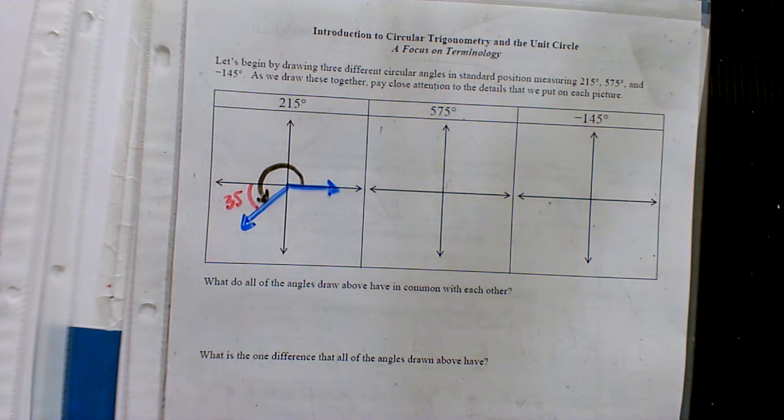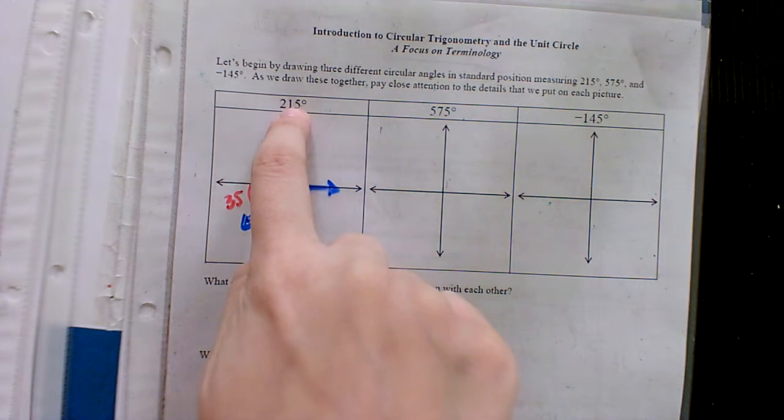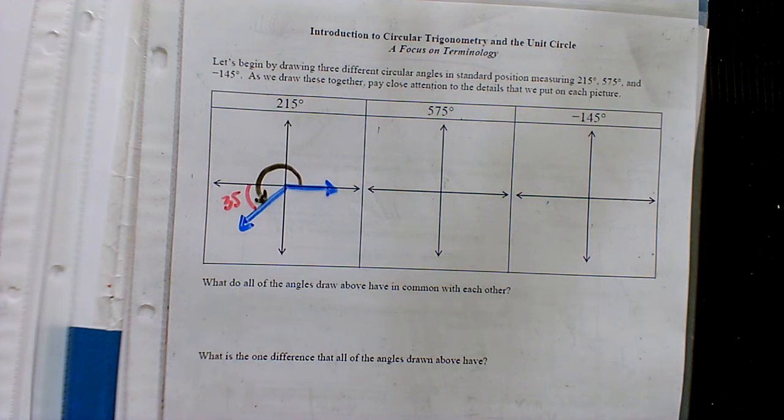We know when they're graphed, they all land in the same spot. But can we find some numerical relationship, a number relationship between these three different angles? I'll give you a hint. Take a look at the difference, aka subtraction, between some of them.